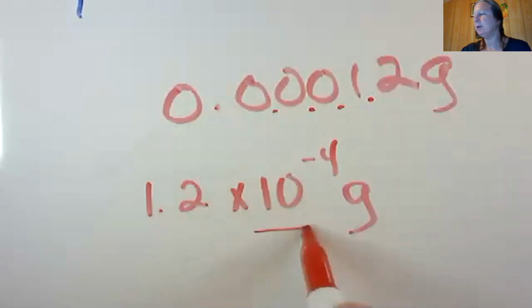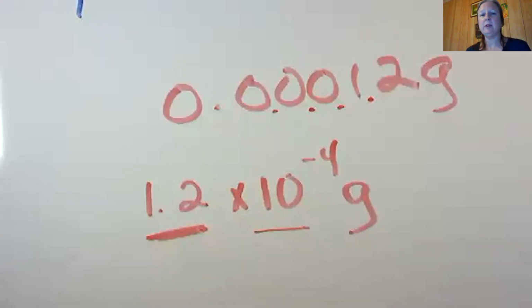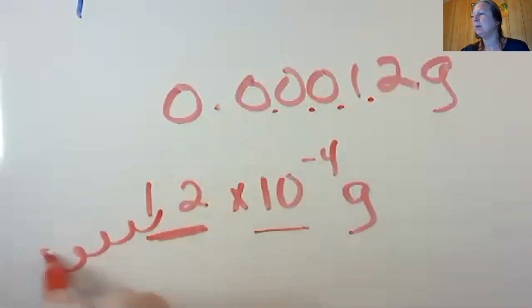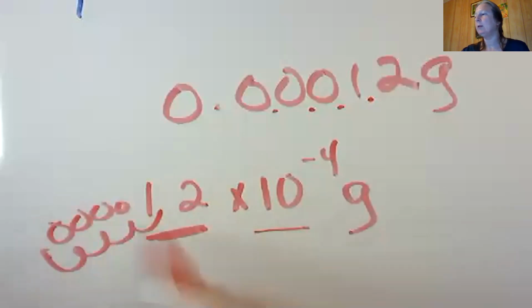This is scientific notation. This is a way to write our numbers, our measurements, our data, using only the significant digits. So this tells me I have to go 1, 2, 3, 4 places to write it out as a regular number.